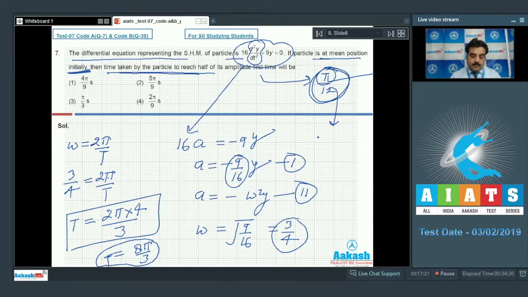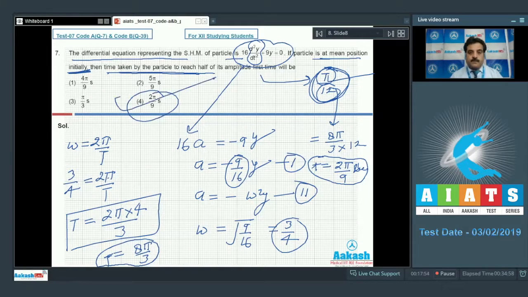So if I use the value of capital T, 8 pi by 3 multiplied with 1 by 12, that will give you 2 pi by 9 second. So this is the value of required time that you are looking to solve. So by this discussion, I can say my option number 4 will be the right choice.